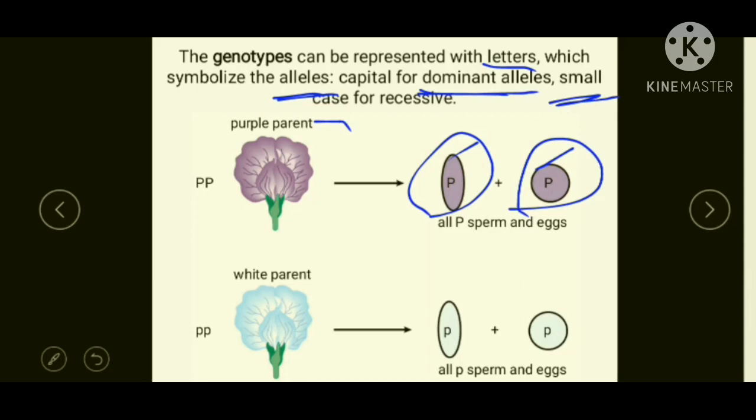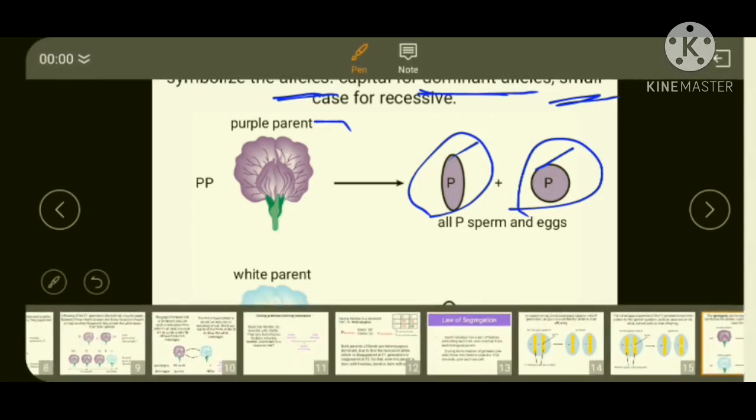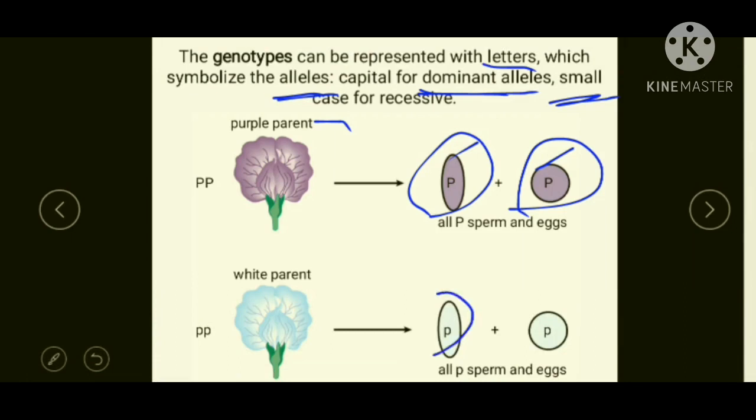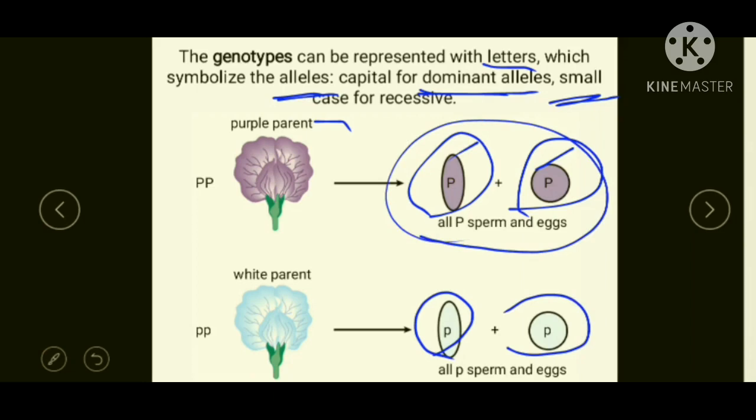And here, there is also one for the white flower, for the recessive one also. This represents a recessive allele.